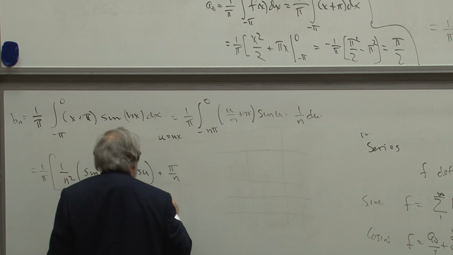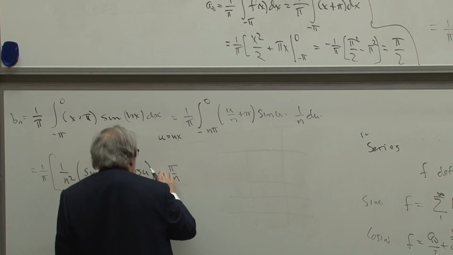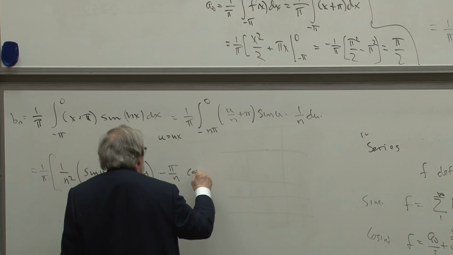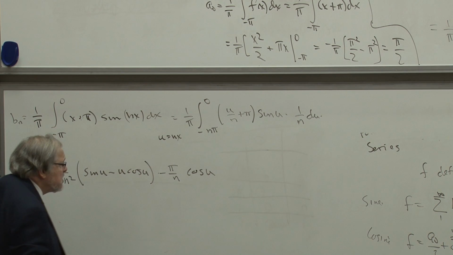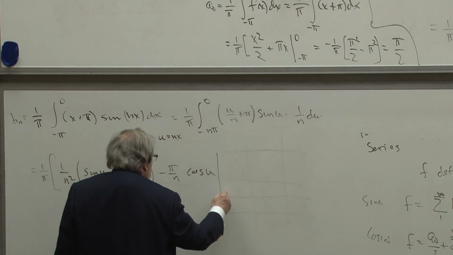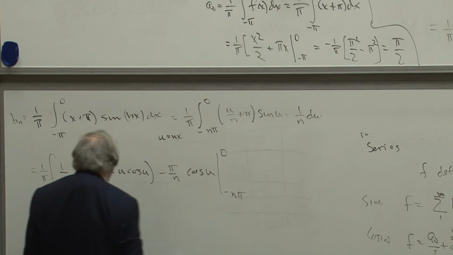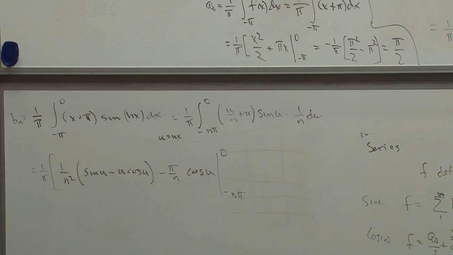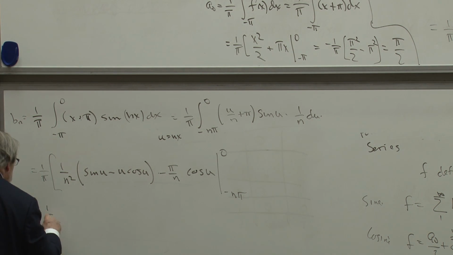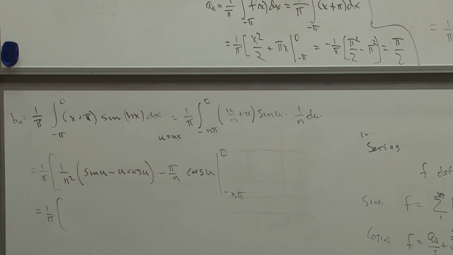The integral of sine is negative cosine. I'll put the negative sign there, from negative n pi to 0. Okay. So let's see. Let's see if this cleans up reasonably well.